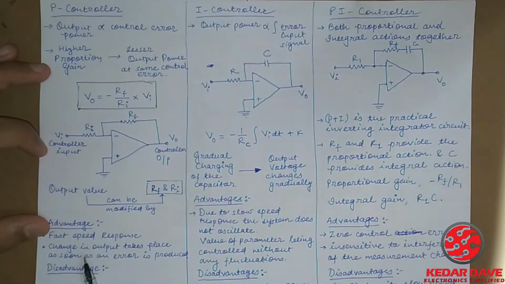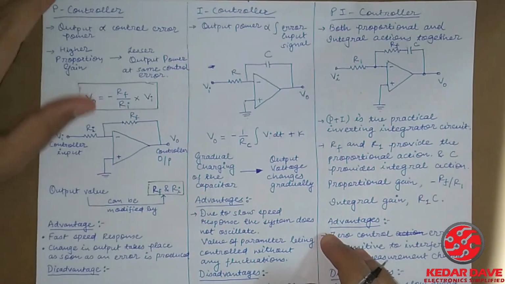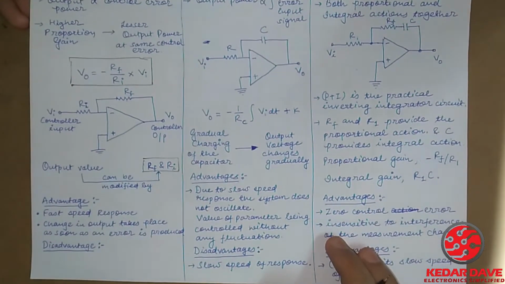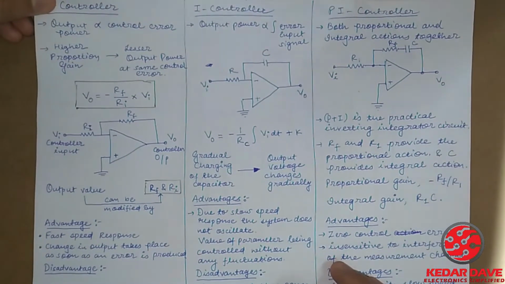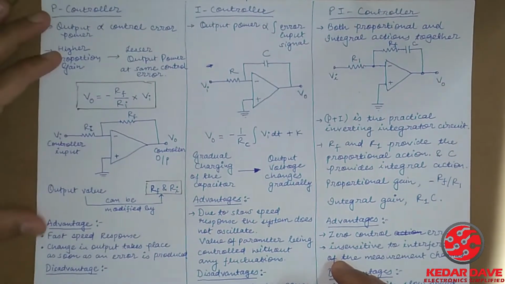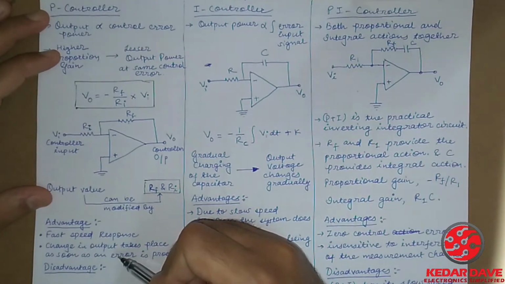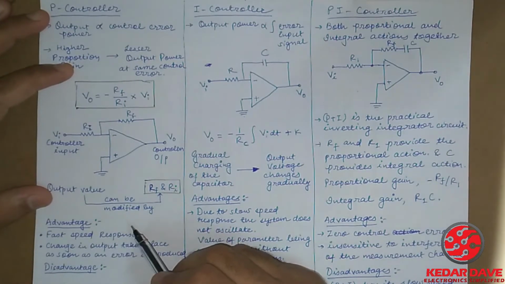Let's get into the advantages. The P controller has a fast response compared with the other controllers. If you change the input, it is immediately reflected at the output terminals.